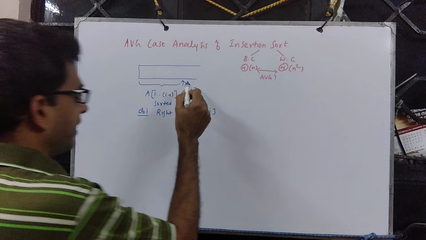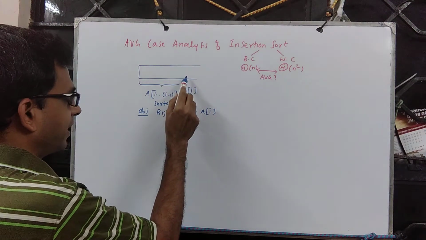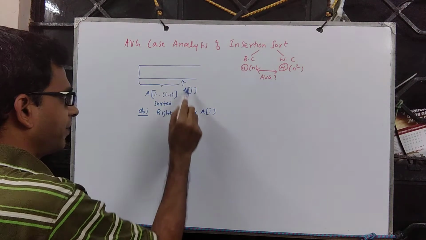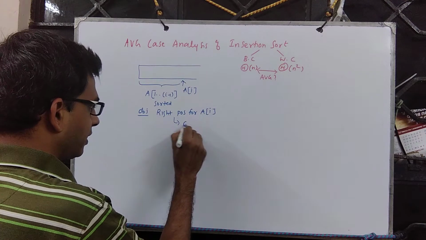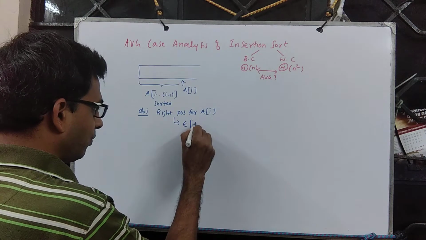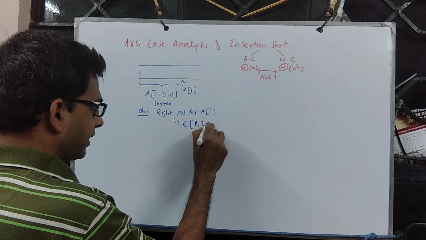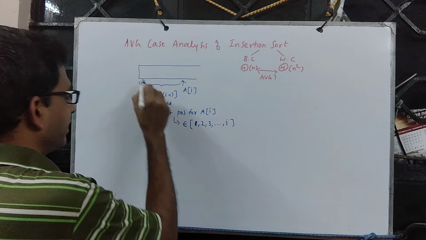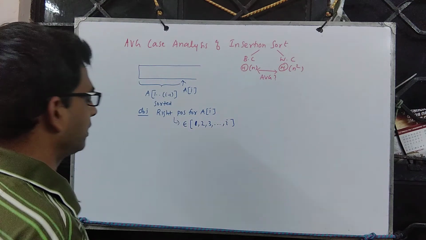You check whether A of i should be placed at A of i itself. Suppose the value at A of i is larger than the value at A of i minus 1, then it will be placed at this position. So the right position can be 1, or 2, or 3, any location from 1 to i. Correct?